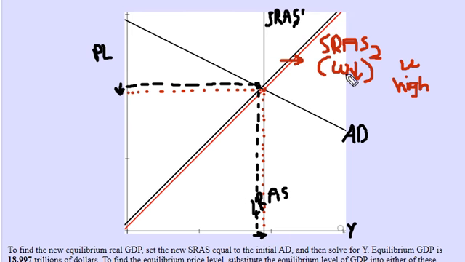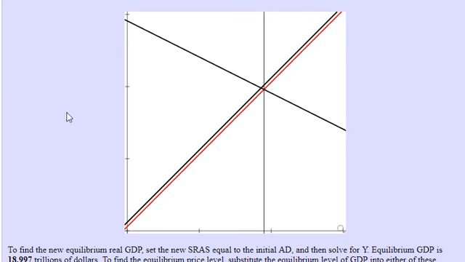So this is called the self-correcting mechanism. We get a decrease of prices along the aggregate demand curve, and that is associated with an increase in GDP. All right, so that's how that works.